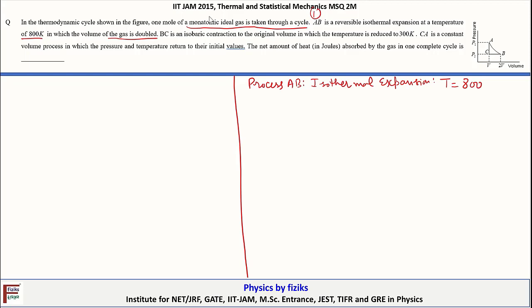So it is taking place at 800 Kelvin. So here TA is equal to 800 Kelvin, and what else is given to us?